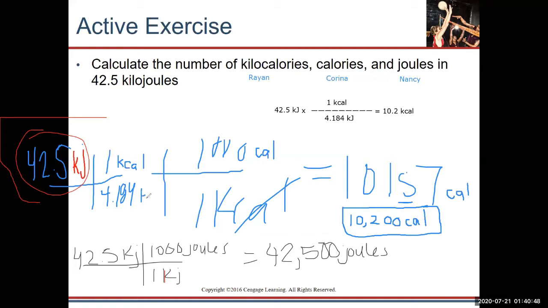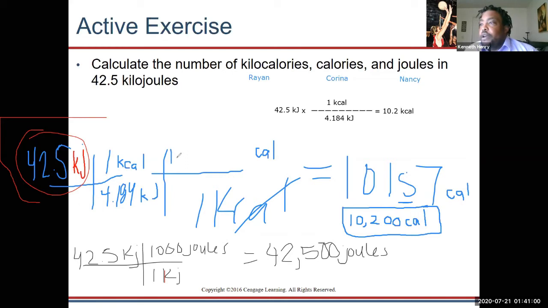And for each 1 calorie, you get 1,000 calories, right? Yep. So now with that, you could create another one to find joules, right? Yeah, you could if you wanted to. Or you could have just gone, since you knew that 1 kilojoule is the same thing as 1,000 joules, then just go directly that way.